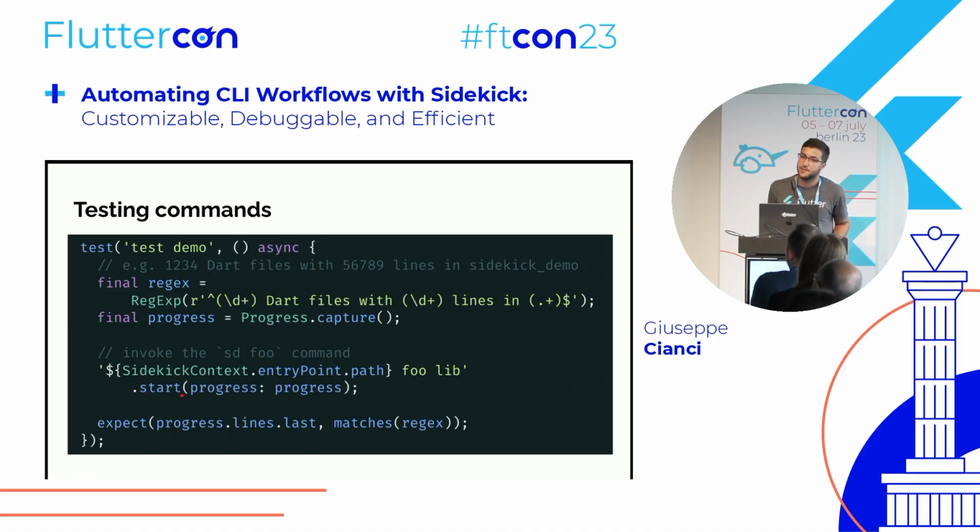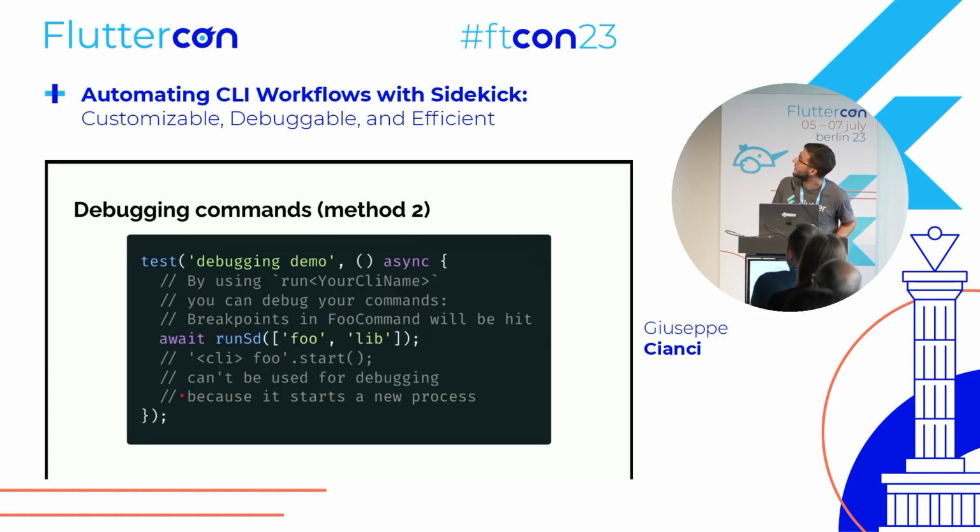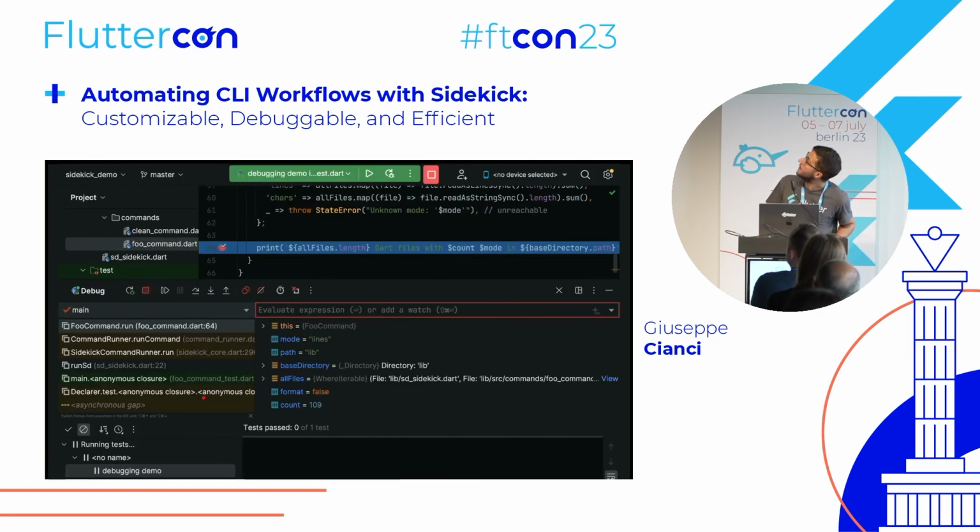But if you were to use this, you wouldn't hit the breakpoints. That's because start actually spawns a new process, so you won't hit the breakpoints in there. But this works. And you can see that now I hit the breakpoints, which is super nice for debugging your commands if you want to look at what's going on, and makes it very easy to develop new commands.